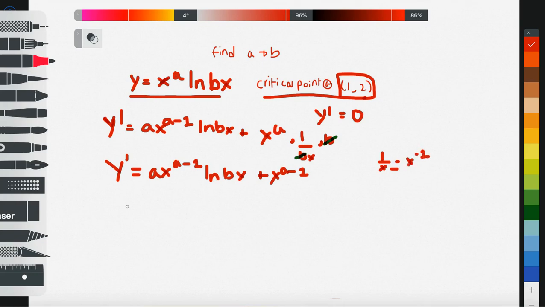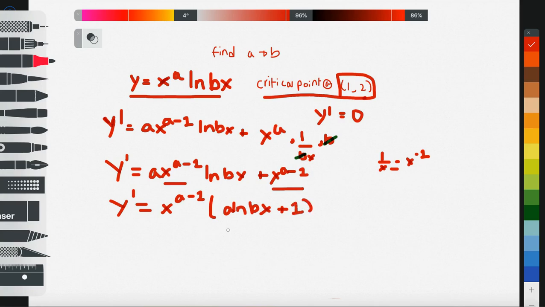Right, so we have a factor here that we can factor out. So we get y prime equals x to the power a minus 1 times (a ln(bx) plus 1).